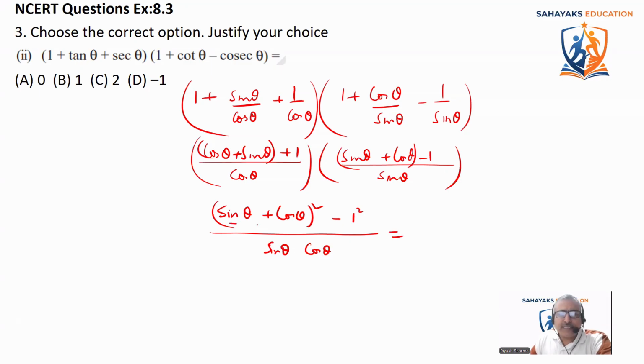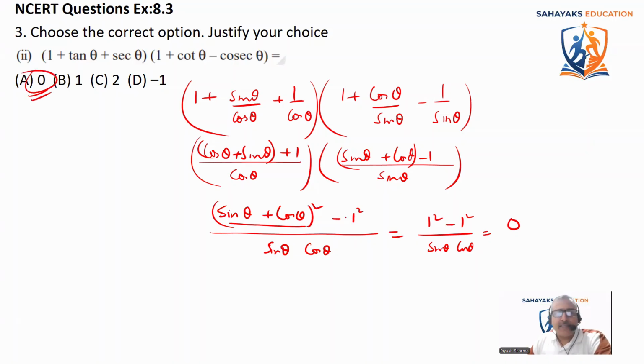So we know that sine theta plus cos theta is equal to 1. So it becomes 1 square minus 1 square divided by sine theta cos theta. 1 square minus 1 square is finally 0. And so the answer comes out to be 0.